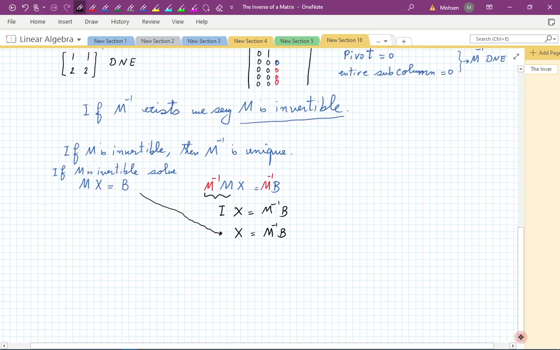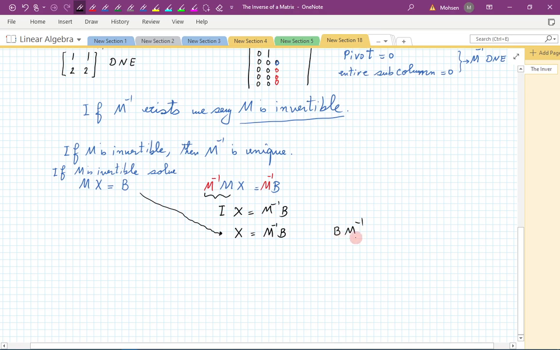Okay, so let's bring up an issue that we have been saying over and over again: once we came to matrices, we did lose certain things. One of the biggest losses was the loss of commutativity. That is, you cannot make the mistake of writing this as b M inverse.